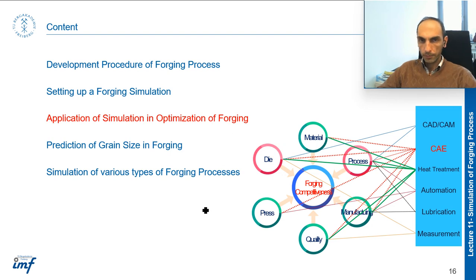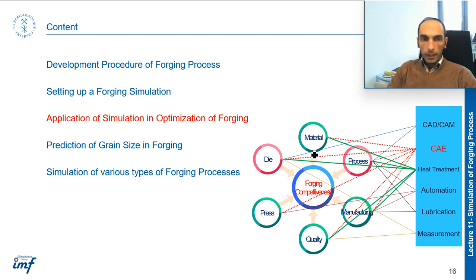So you can see the parameters influencing the final forging product quality here. Under any of these factors, there are some other factors.